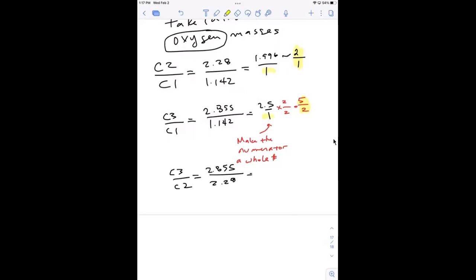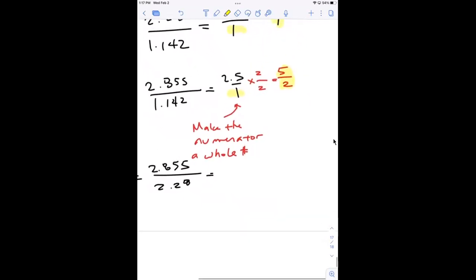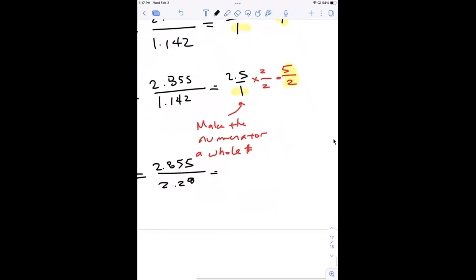You want to display it as a ratio. Anybody got it yet? 1.25. Good. So we'll leave that at 1.25 to 1.